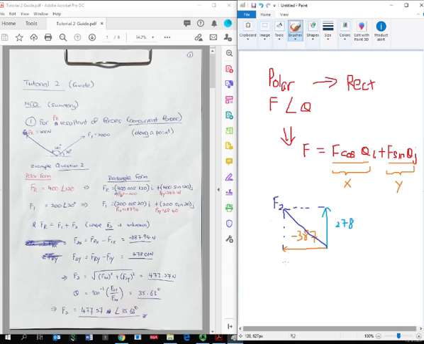Since this is a right angle triangle, you have the X, which is this, and you have the Y, which is this. You can easily use Pythagoras theorem.